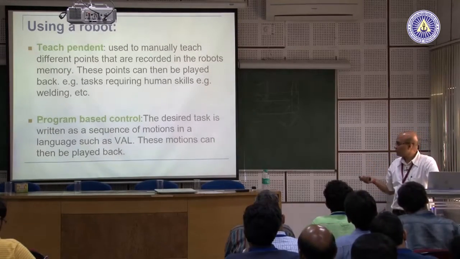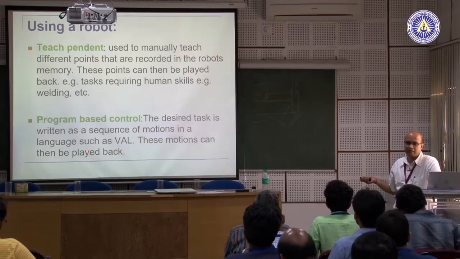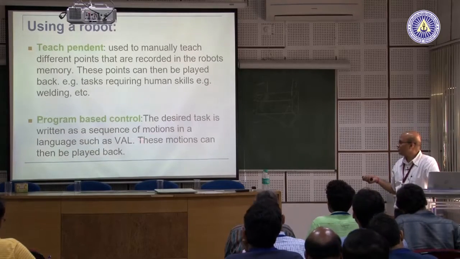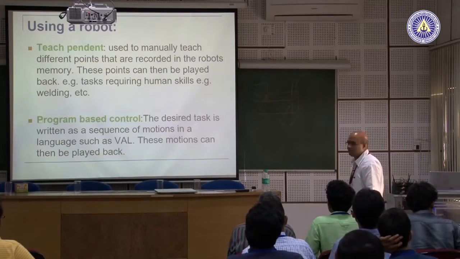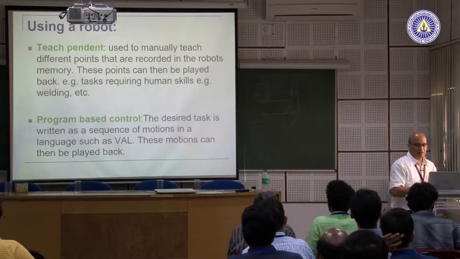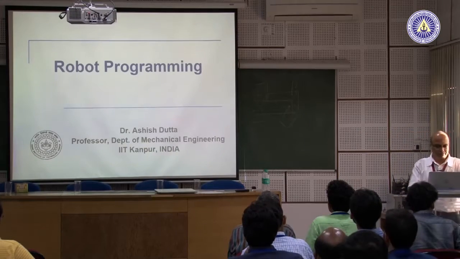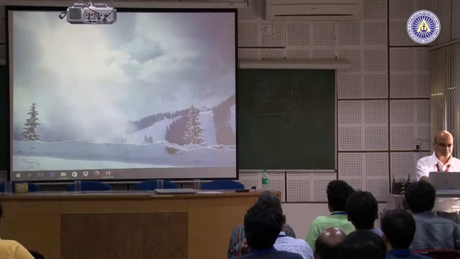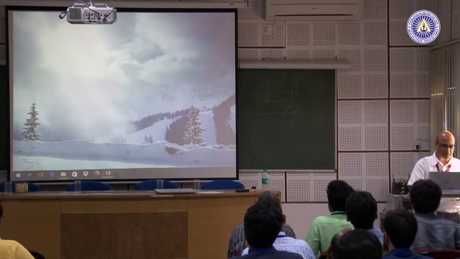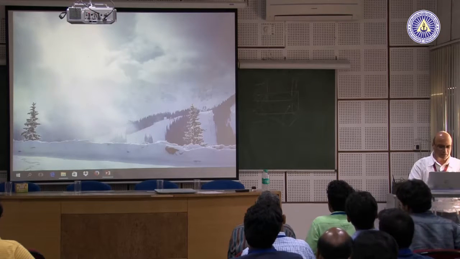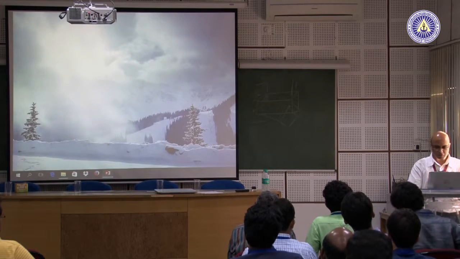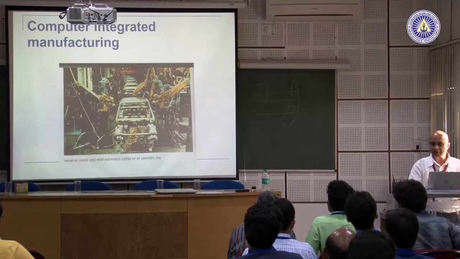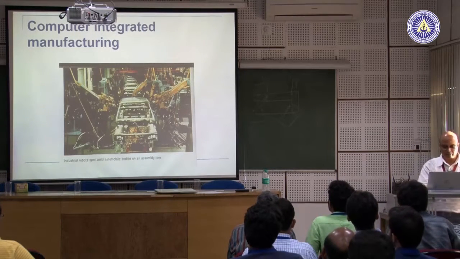But for more complex operations we have to write a program like in Val language. More complex operations like spot welding, etc., and these are pretty complex. For example, just to give you an example of how complex it is, if you are looking at the industrial scenario, how many of you have visited any motor manufacturing company, automobile company like Tata Motors or Maruti?